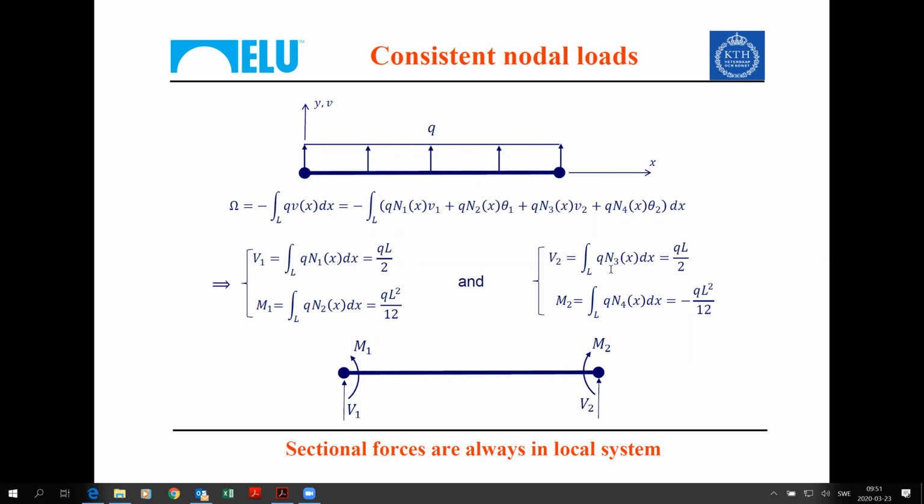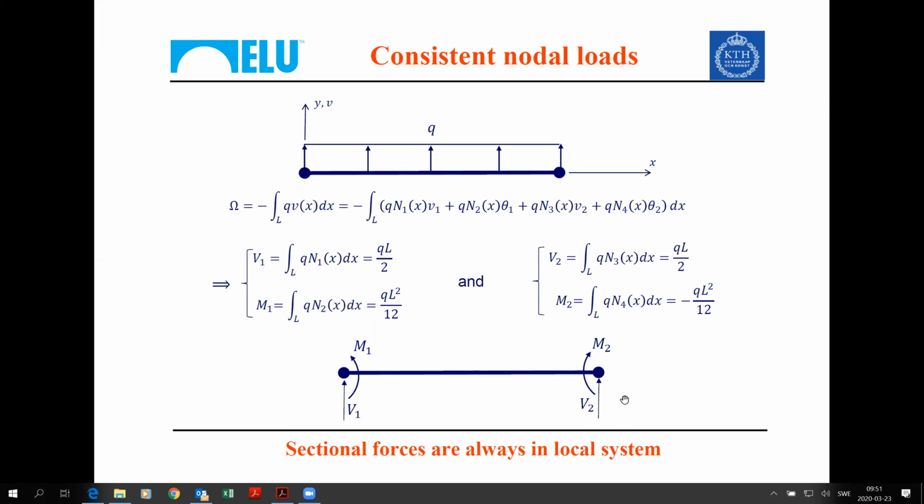V2 will be the integral of Q times N3 of x dx, and that will give us QL over 2. And M2 would be the integral of Q times N4 of x dx, which will give us minus QL squared over 12. These are exactly the expressions that we derived in the first lecture through direct equilibrium arguments. These are the consistent nodal loadings.